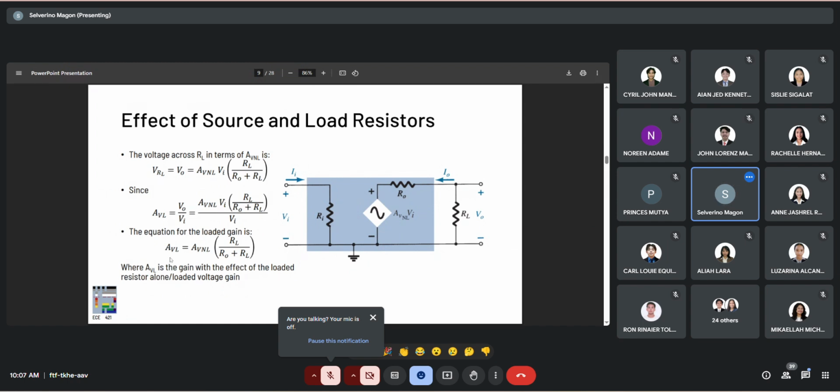So the loaded voltage gain is equal to the no load voltage gain times the effect of the voltage divider network. What this tells us is that if RO is significantly small, then we can just get rid of this network or approximate this network, right?